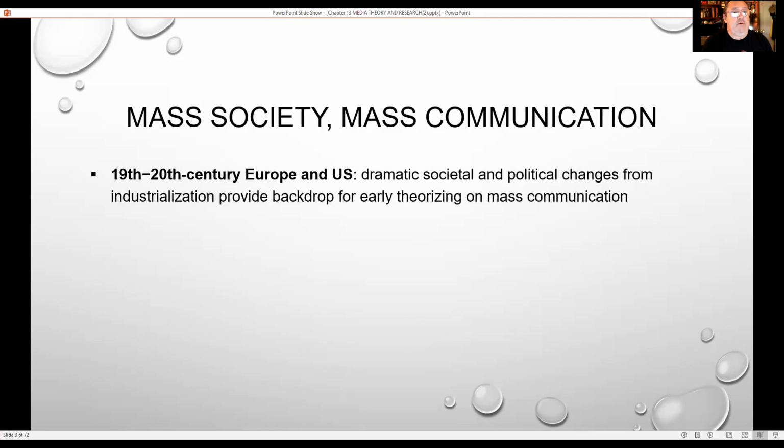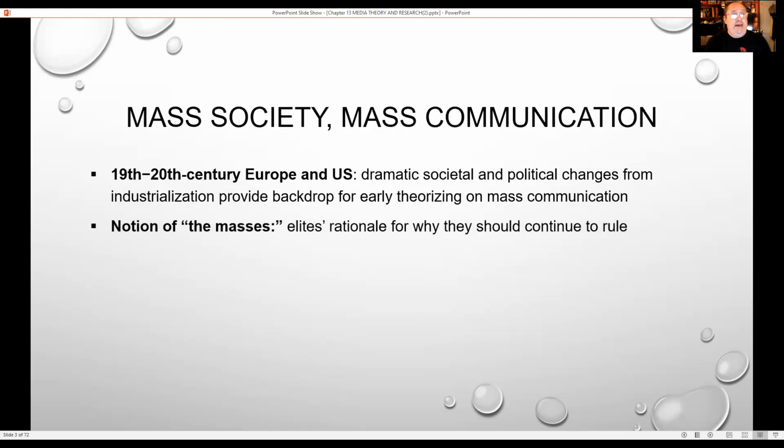In 19th and 20th century Europe and the USA, there were dramatic sociological and political changes. We went from the industrial age that provided a backdrop for early theorizing on mass communications. You had the penny press, and average people could get more information because it was now available and they could afford it. The masses could get information. So the notion of the masses, the elite's rationale for why they should continue to rule, is because the masses don't know what they're talking about.